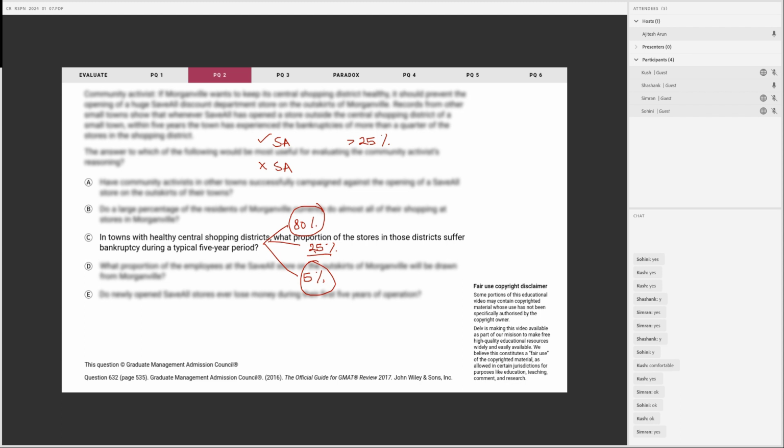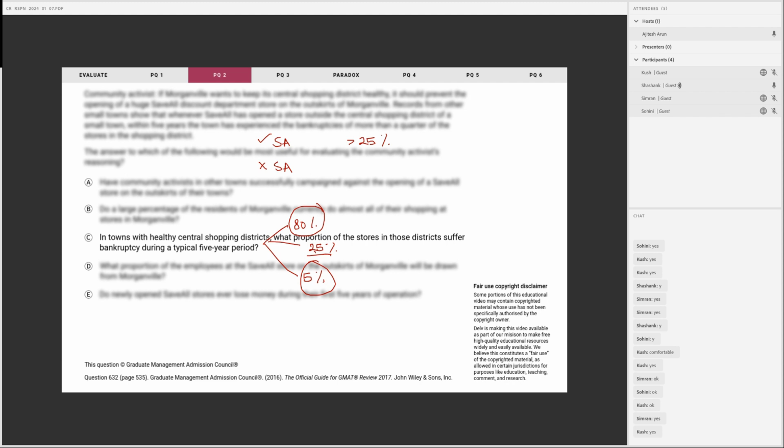I just had one question. The way I interpreted this was that option C is basically asking us to do an apples to apples comparison, and it helps us remove what I would call a coincidence factor, right?